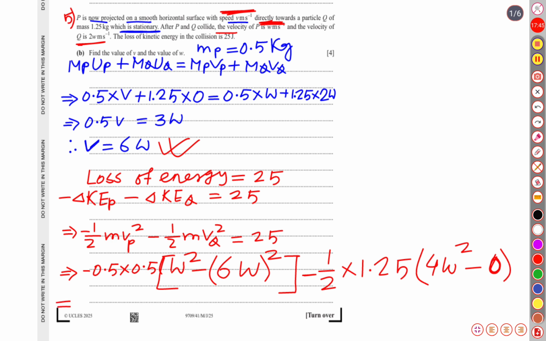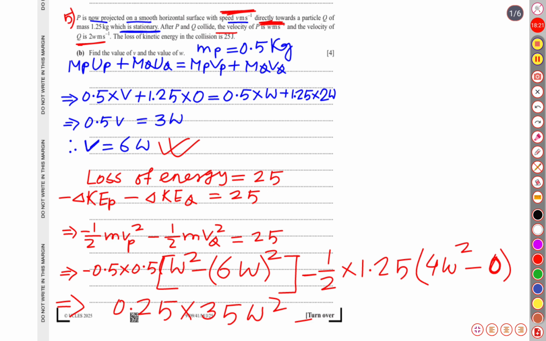Now if you simplify, what is it going to be? 0.25 into, it is no more negative, because 6 square is greater. So 0.25 and 36 minus 1, so it is actually 35. 35w square, minus, this must be negative, 1.25 into 4 means actually 5.